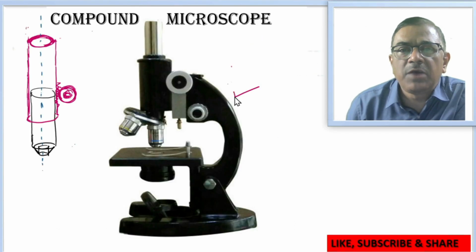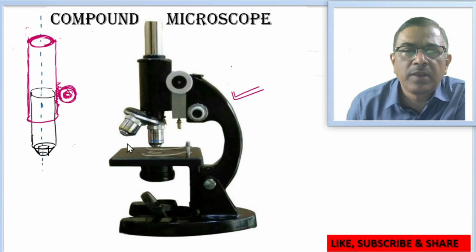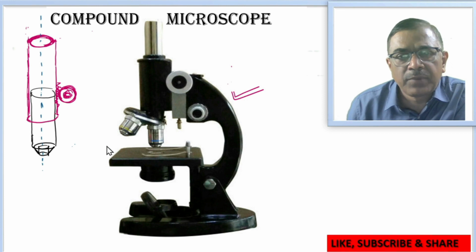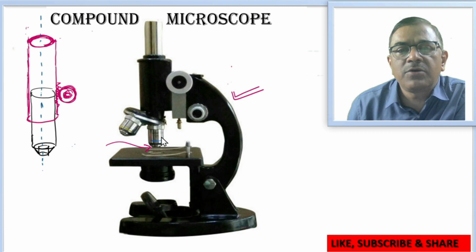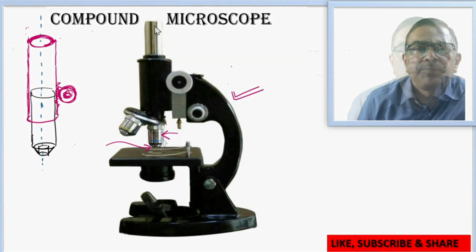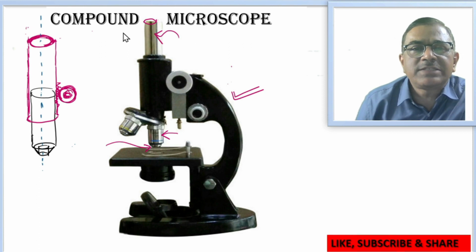Here is a commonly available compound microscope. It has an objective lens attached at the lower end of the fixed hollow cylindrical tube. It has a convex lens attached at the top end of the movable hollow cylindrical tube, and this lens is identified as the eyepiece.